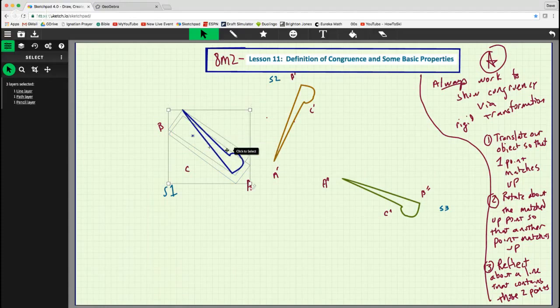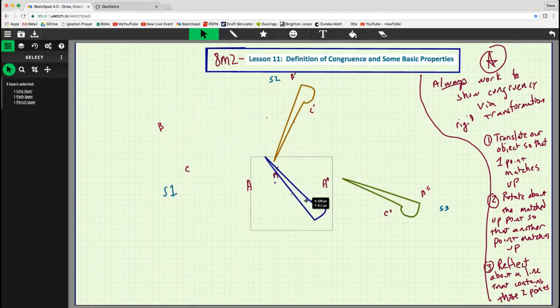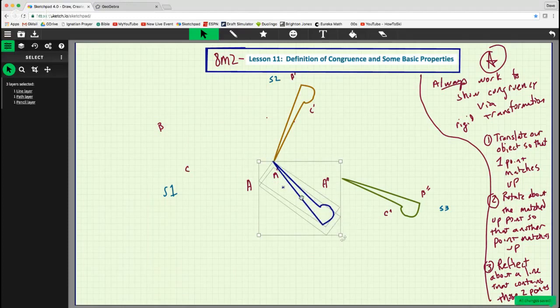Okay, so now what we're going to do is take this object and match up points A. So we've translated our object. Now the second thing we're going to do is rotate it about this point here.